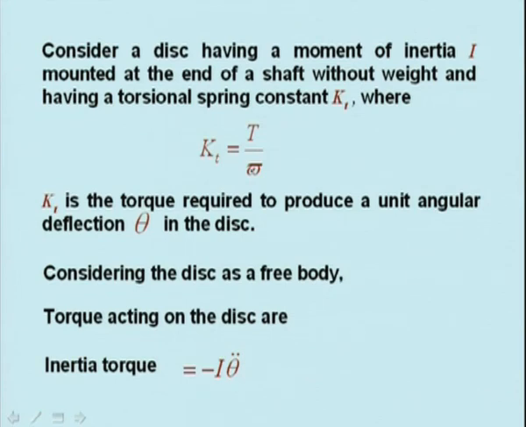That is, kT is the torque required to produce a unit angular deflection theta in the disc. We measure theta in radians. Okay.